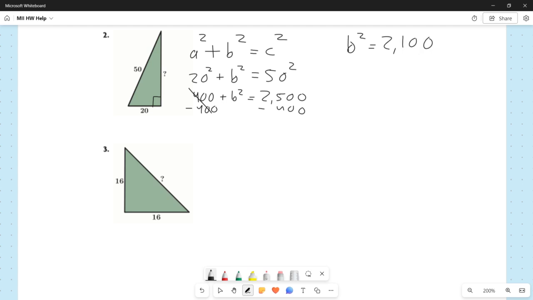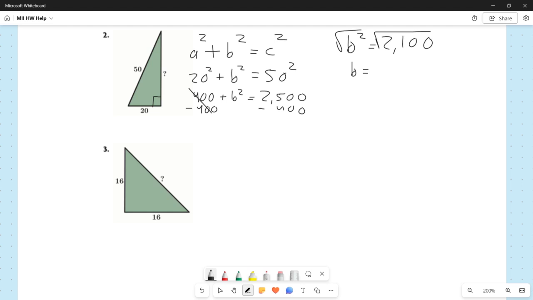Now, to get b by itself, I now need to take the square root. So on the left, I end up getting b. Now, sometimes in algebra, when you take the square root like this, you need to include a plus minus. The reason being, we're not sure whether b is positive or negative, because when you square it, you get a positive no matter what.